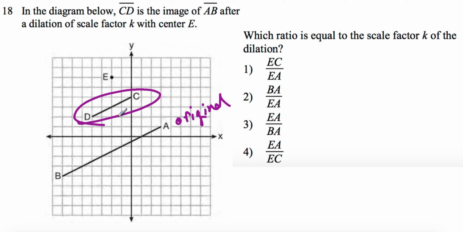So EC, which is this side, over EA. That's essentially how we can talk about the scaling factor of the dilation. But notice that EC is smaller and EA is bigger, as the image becomes smaller. So the first one is correct. All right, let's move on to the next one.